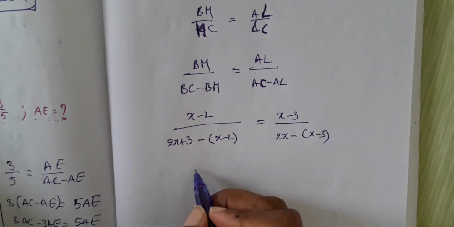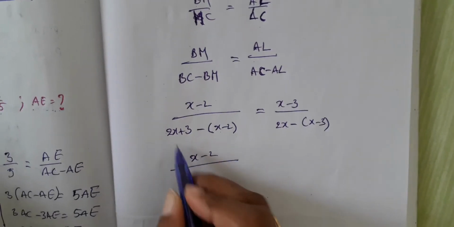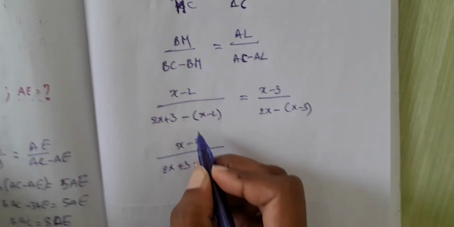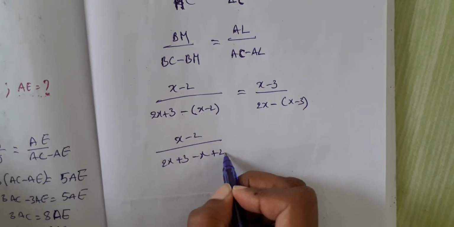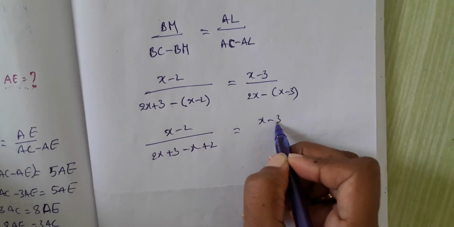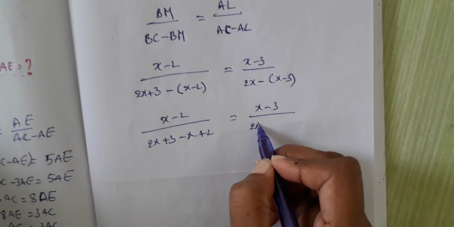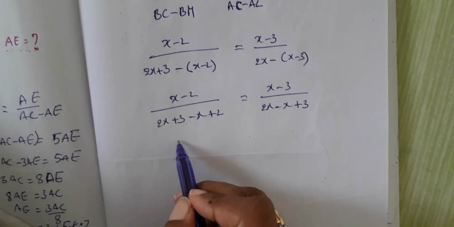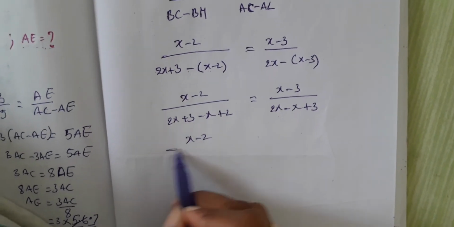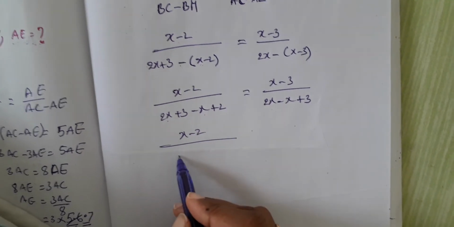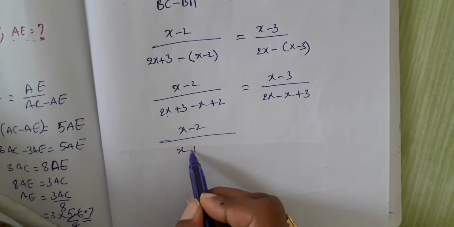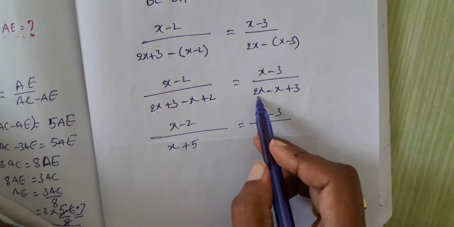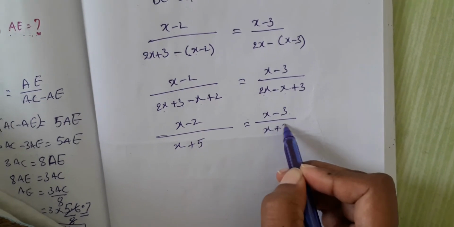Okay, so now further simplification. x minus 2 by, now open the brackets, 2x plus 3 minus x plus 2, which is equal to x minus 3 by 2x minus x plus 3. Now further simplification: x minus 2 by 2x minus x is x, 3 plus 2 is 5, so x plus 5, which is x minus 3 divided by 2x minus x is x plus 3.